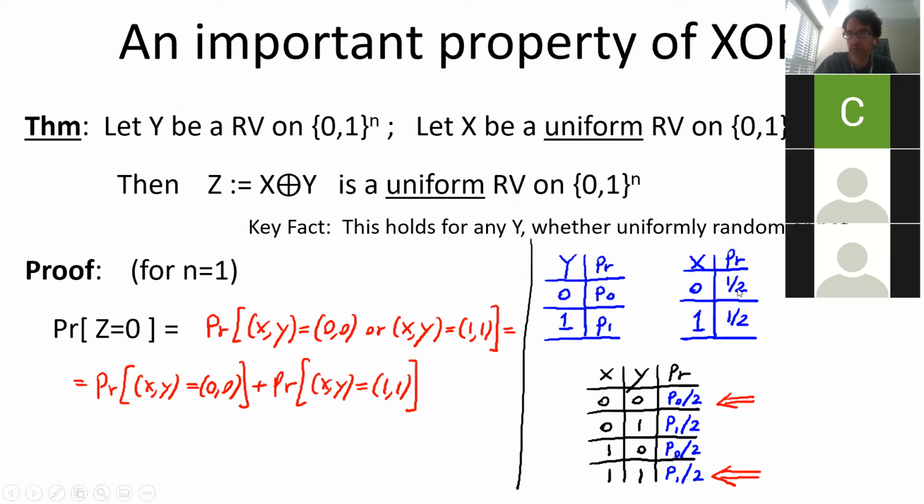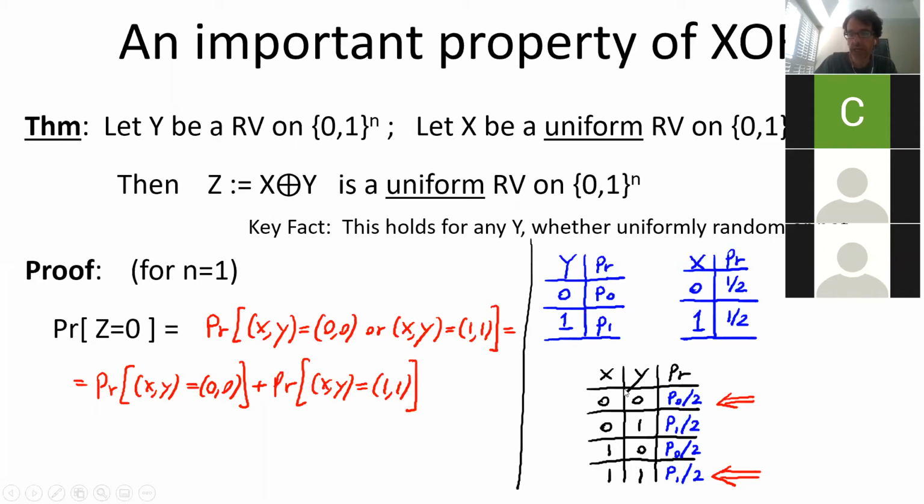So it's P0 times 1/2. Here, bit X attains this value with probability 1/2. So all I have to do is look at the probabilities of these and divide them by 2, because I would just be multiplying P0 by 1/2 and P1 by 1/2. Here P1, here P0, here P1.